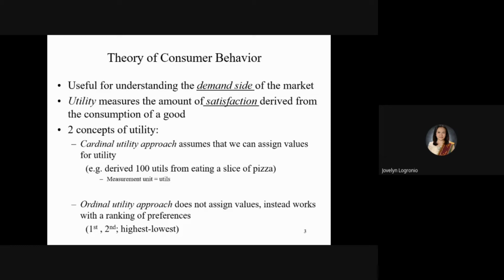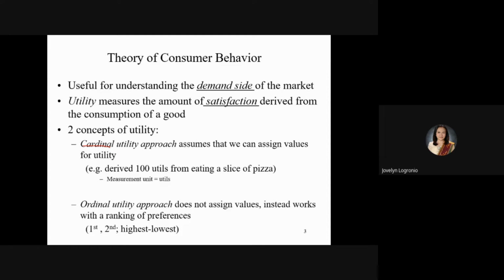Number one, we have the cardinal utility approach. Then the second one is the ordinal utility approach. In the cardinal utility approach, it simply assumes that we can assign values for utility. So the keyword is the term value. So for example, pizza.